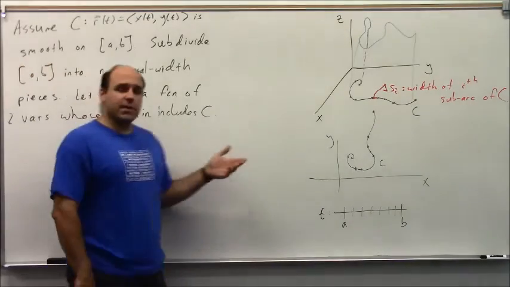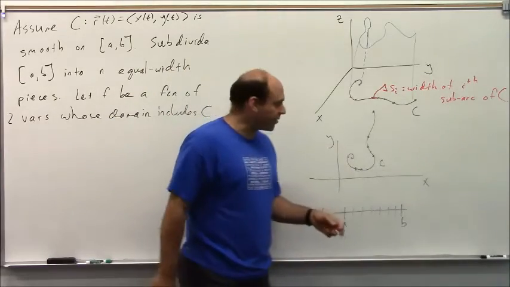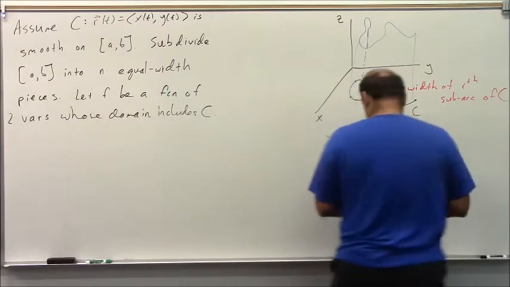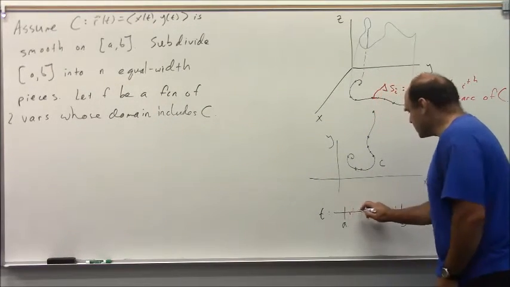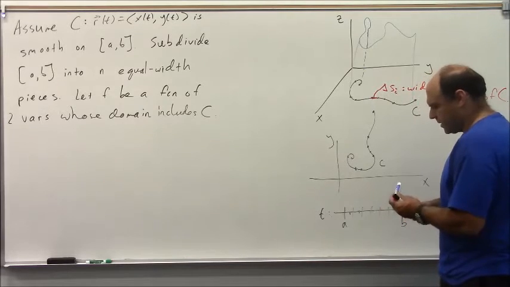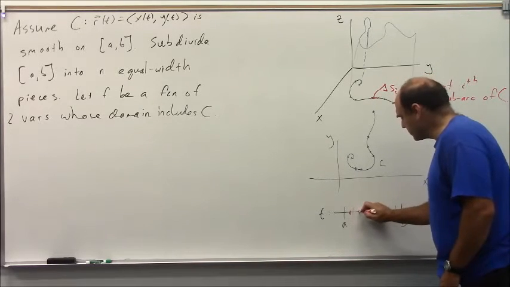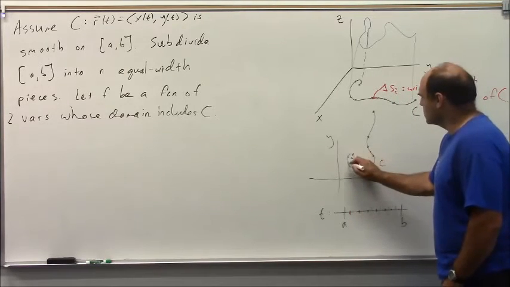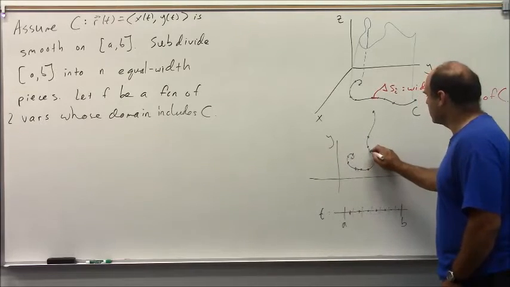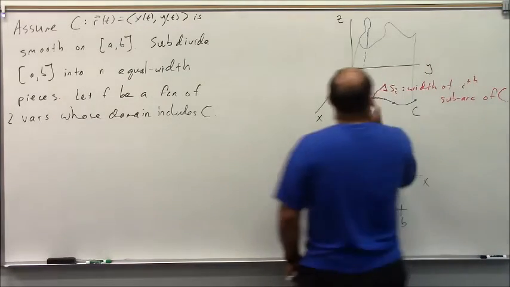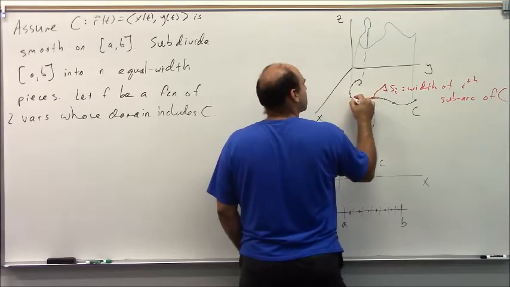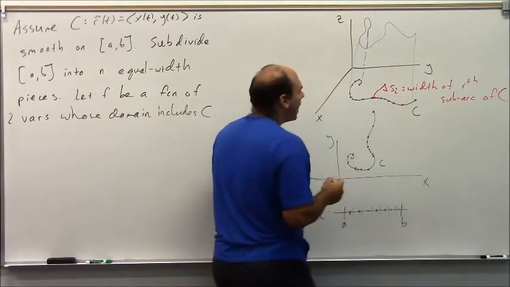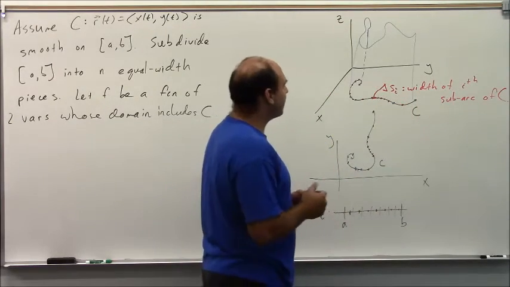So I'm approaching this in the same way that we've approached half a dozen other things so far. I subdivide my domain, and then I will choose a sample point from within each subinterval. Each subinterval will have a sample point that will correspond to some point here, and it'll give me some representative height on the curve.